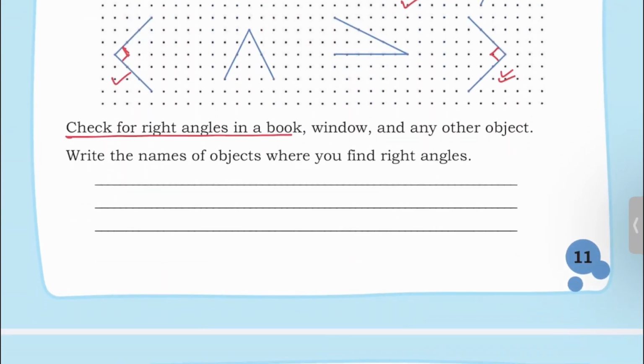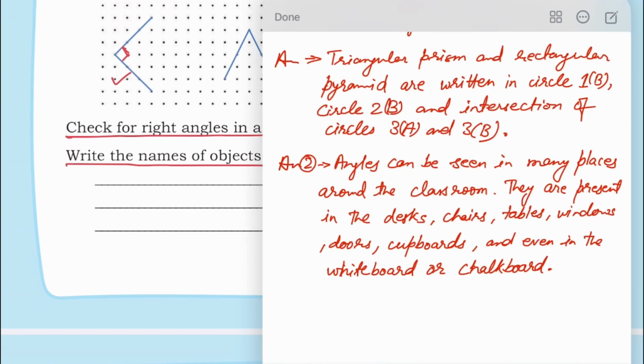Check for right angles in a book, window, and any other object. Write the names of objects where you find right angles. Answer.